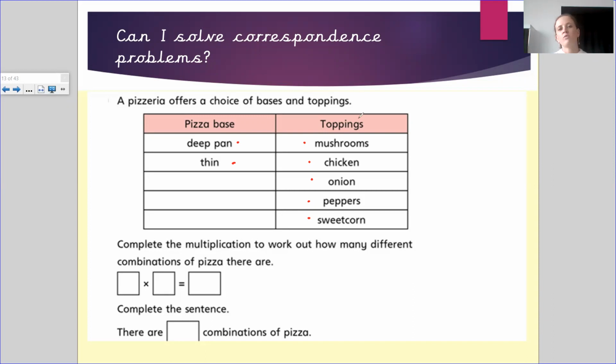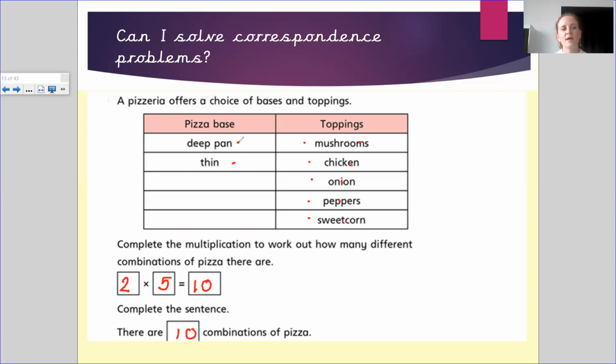So if we only have 1 topping and 1 pizza base, that's what we're working out. So our question would have 2 different pizza bases times by 1, 2, 3, 4, 5 different toppings would give me 10. There are 10 combinations of pizza.